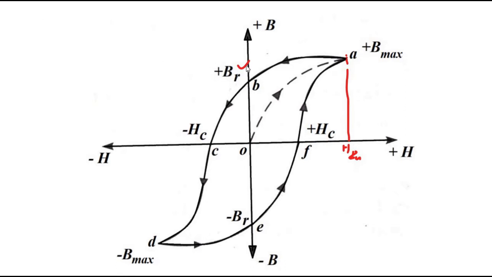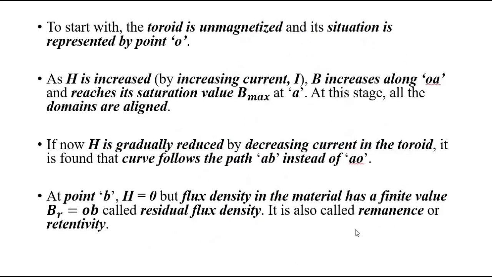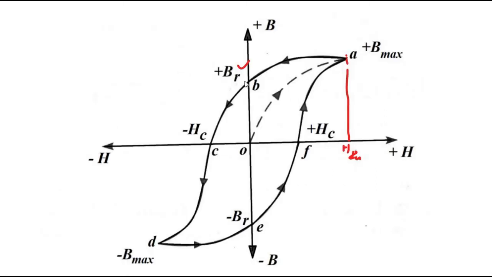That is called the residual magnetic flux density, and that is called remanence or retentivity, the residual magnetism, the residual magnetic flux density, at this point.